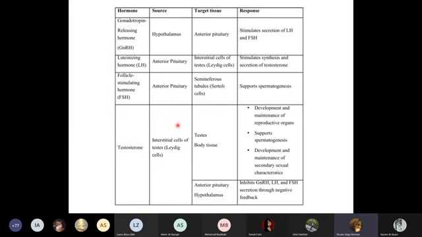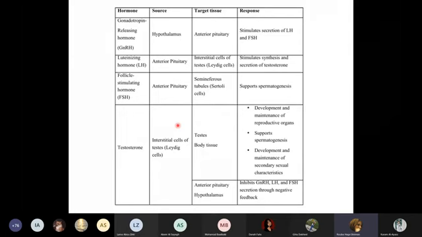Testosterone, which is a very important and active androgen, is secreted by the interstitial cells, the Leydig cells particularly, and it can also be synthesized by other types of glands. Testosterone acts not only on the testes, but also on so many other body tissues.